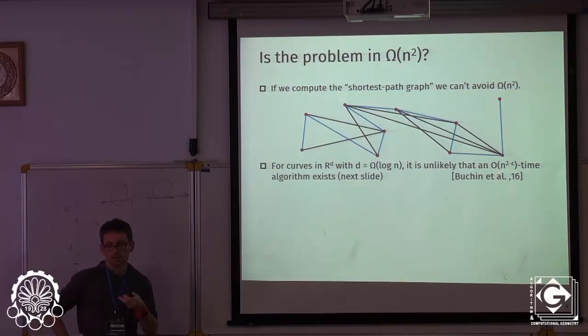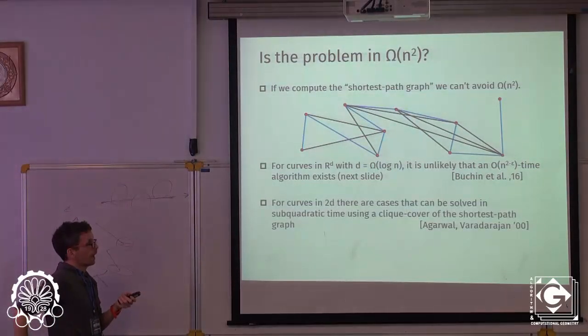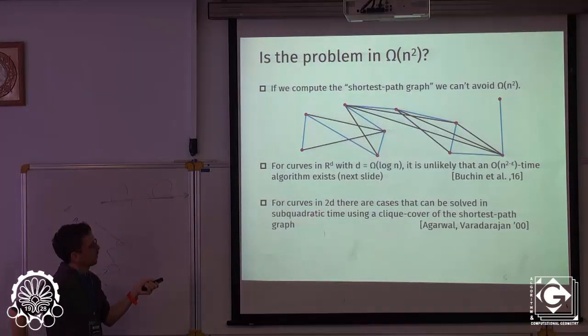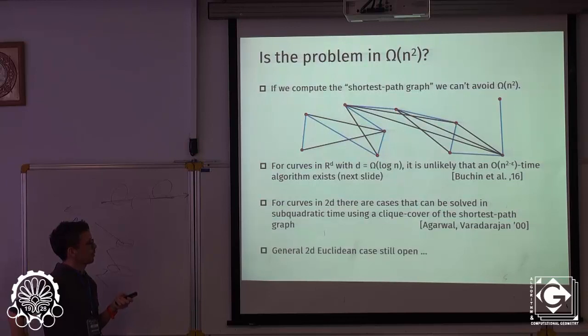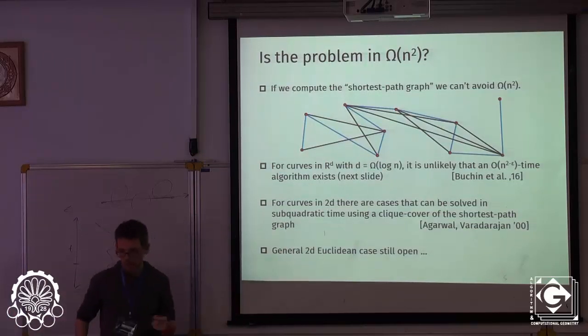Again, this is under the strong exponential time hypothesis. But it is interesting to know that in 2D, if you're looking at polyhedral distance measures, then you can actually get subquadratic time algorithms. But that is for polyhedral distance measures. For the Euclidean case, that's still open.